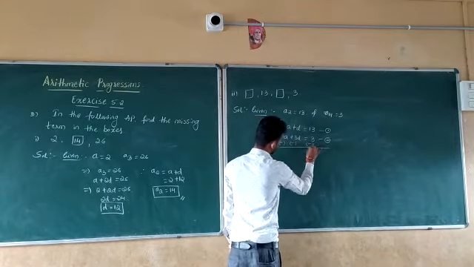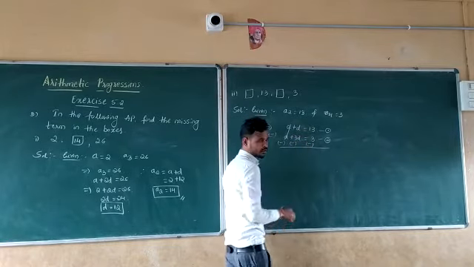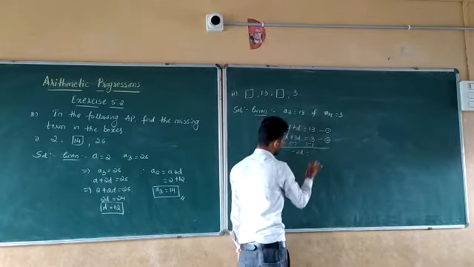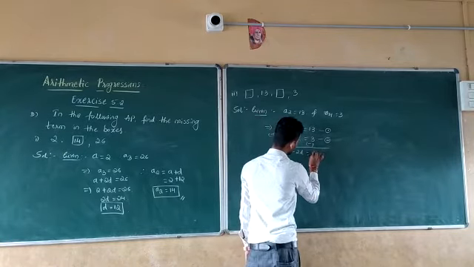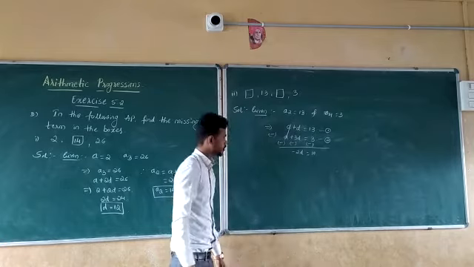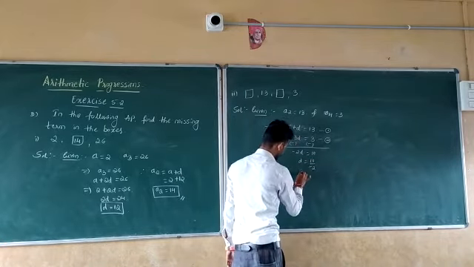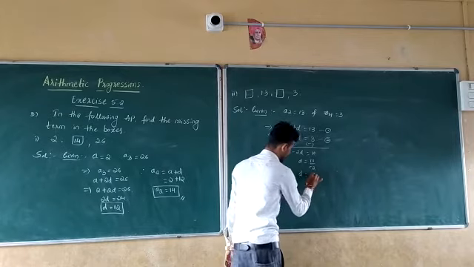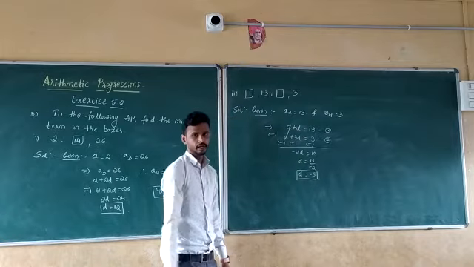Minus, minus, minus. d minus 3d gives minus 2d. 13 minus 3 gives 10. So d equals 10 by minus 2. Therefore d equals minus 5.